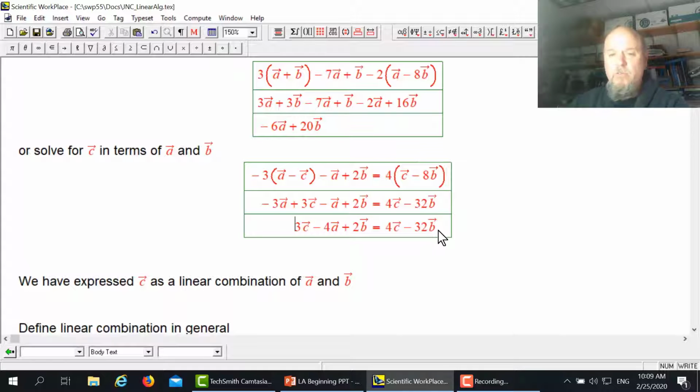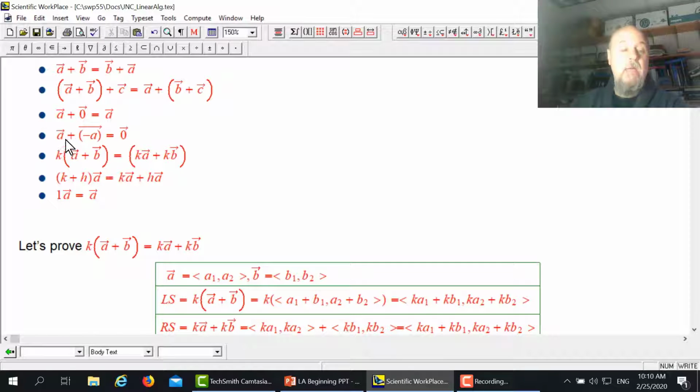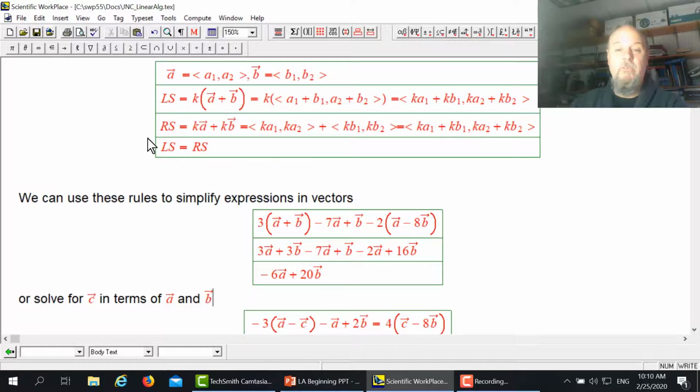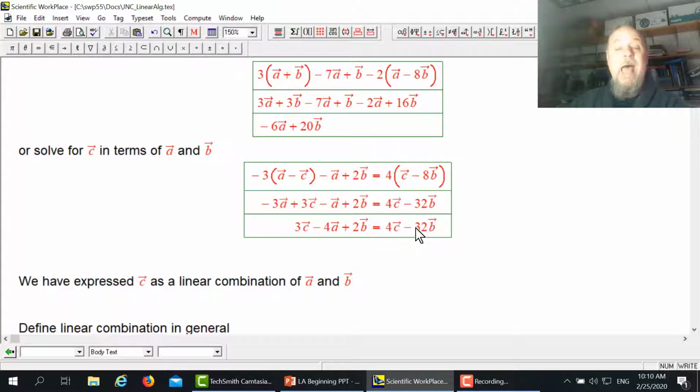So I can cancel a 2b off each side, or think of it as let's add 32b to each side. That'll cancel this out as 0. I'm using the rule here, a plus minus a is equal to the 0 vector. So I'm adding 32b to each side. That'll make this a 34b, and minus 32b plus 32b cancels out. And now let's subtract 3c from each side.